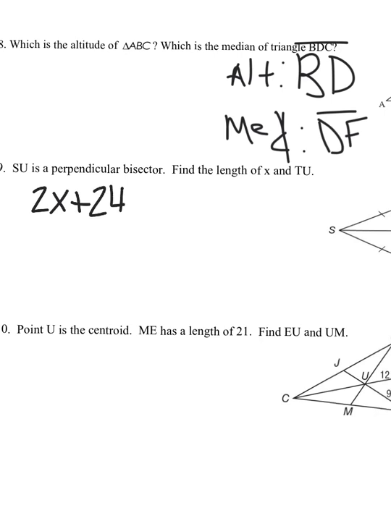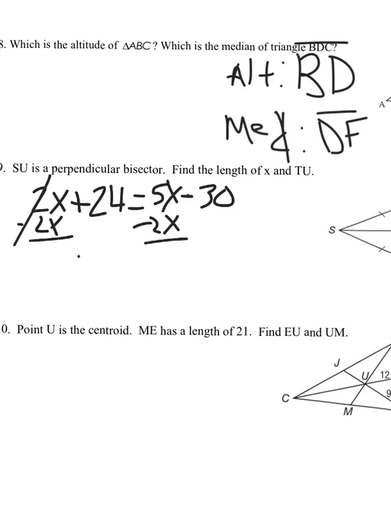2x plus 24 equals 5x minus 30. So you do some algebra. Minus 2x, minus 2x. 24 equals 3x minus 30.